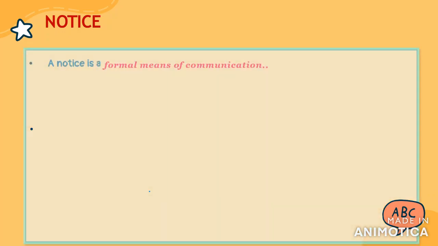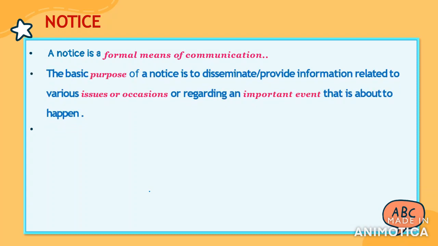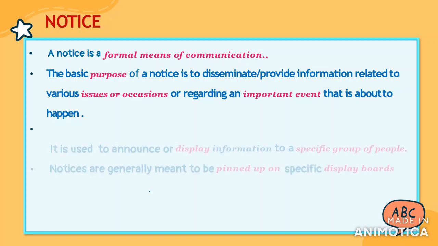Before we look at how to write a notice, let us understand what is meant by a notice. A notice is a formal means of communication. The basic purpose of a notice is to disseminate or provide information related to various issues or occasions, or regarding an important event that is about to happen.